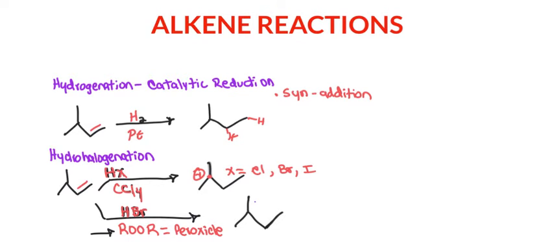So instead of going to this position, it will go to the least stable, which is here. So what is it going to do? It's going to create a radical intermediate. And it will go to this position to make this product.